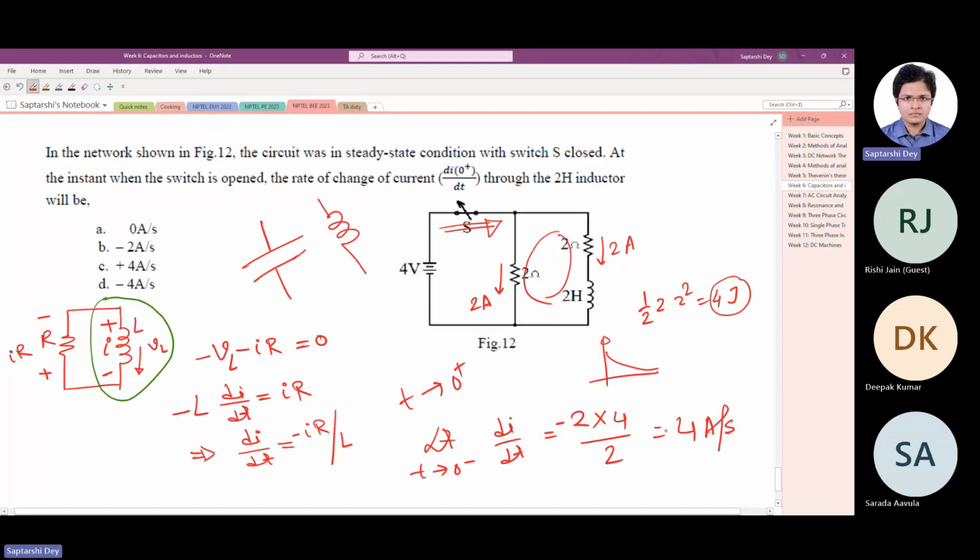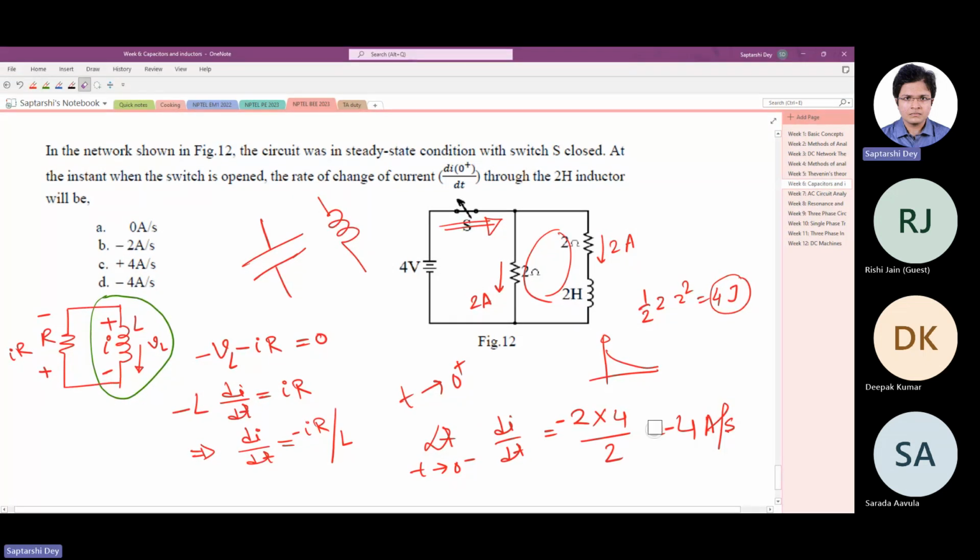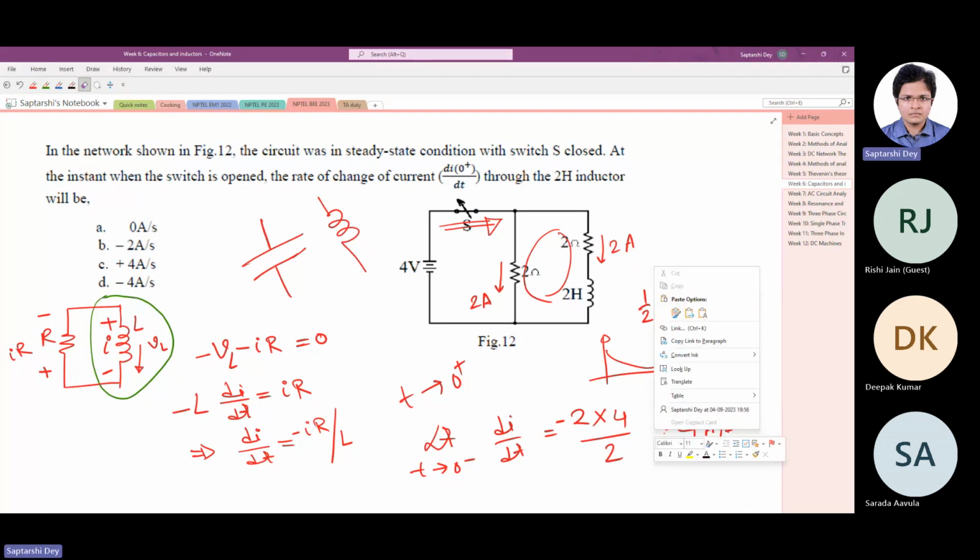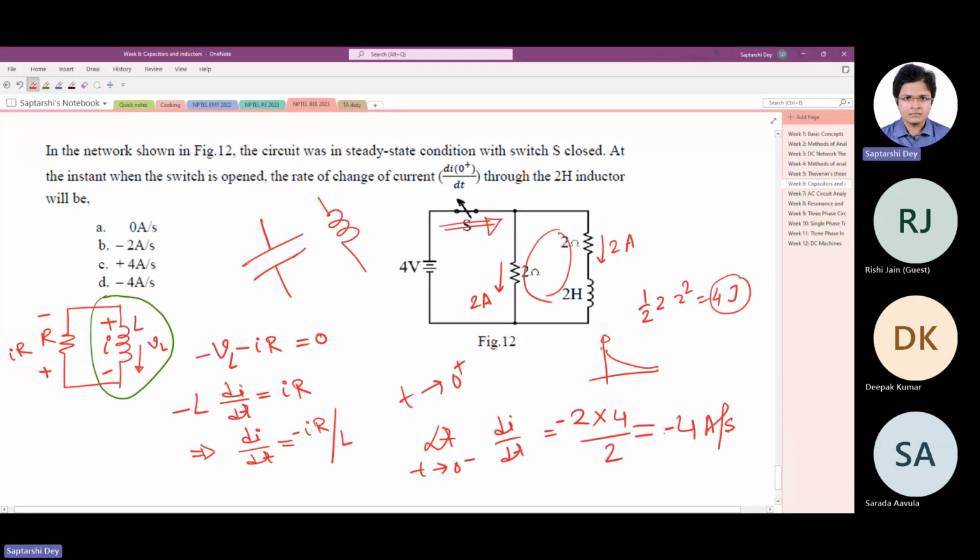Now, how did I know that it cannot be correct? Because as I told you, the inductor current will flow through the resistance and energy will dissipate, so the current will reduce. So the rate of change of current di/dt cannot be positive, it has to be negative. Could you understand where I made the mistake?